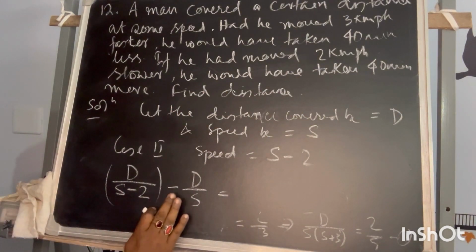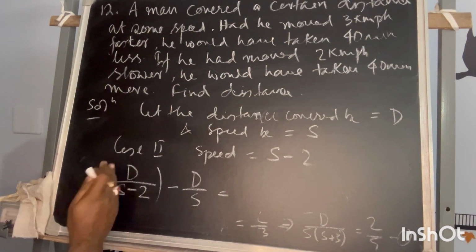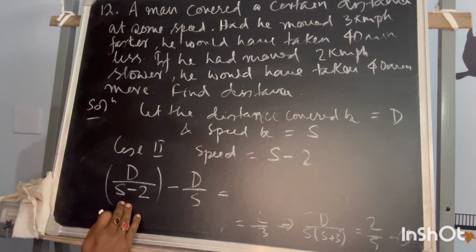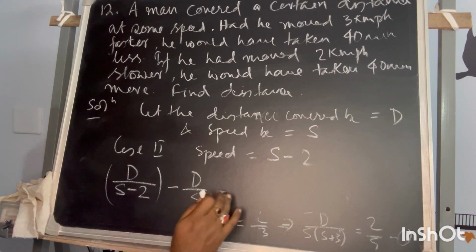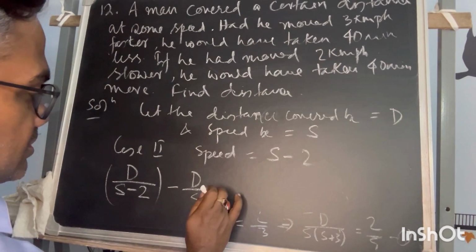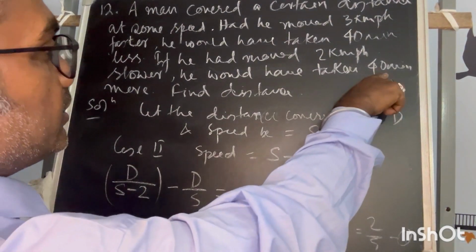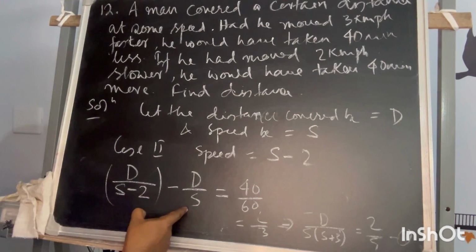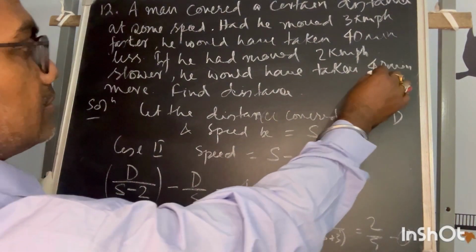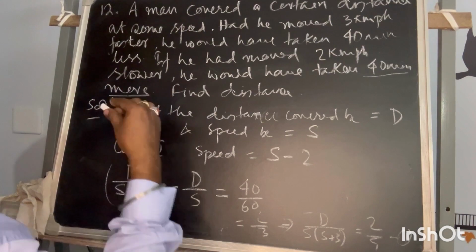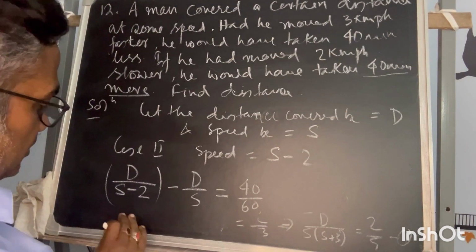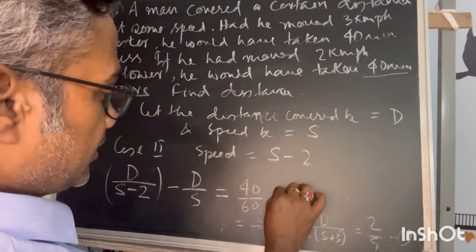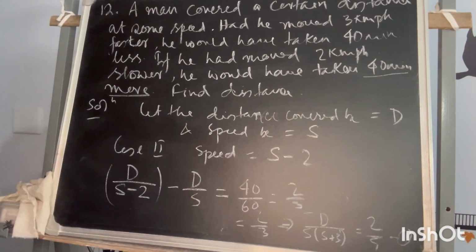So instead of putting this first and the second and taking a minus, as I know that in this case the time would be more, I am just reversing the situation and putting 40 by 60. So the difference from the higher to lower will be the difference. Accordingly I am keeping things in place, so definitely this will give you the correct result.